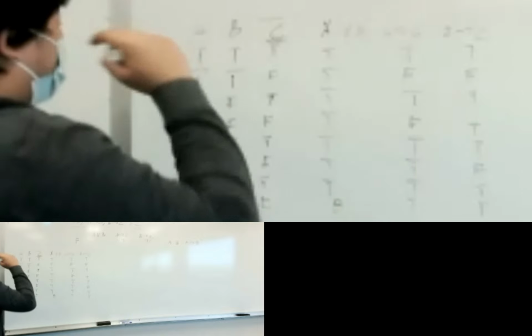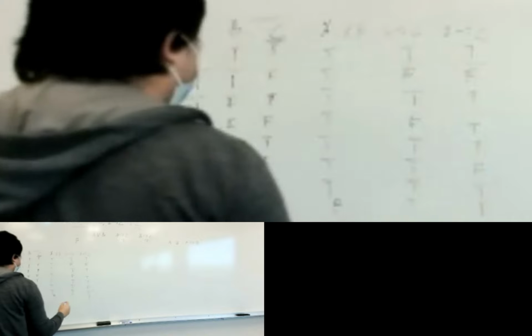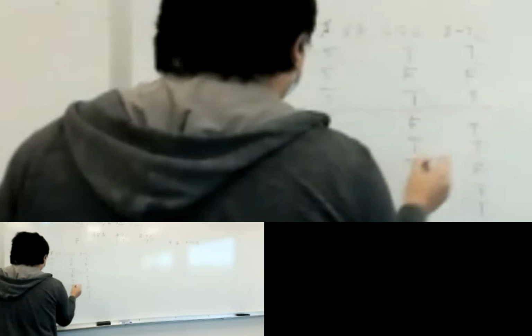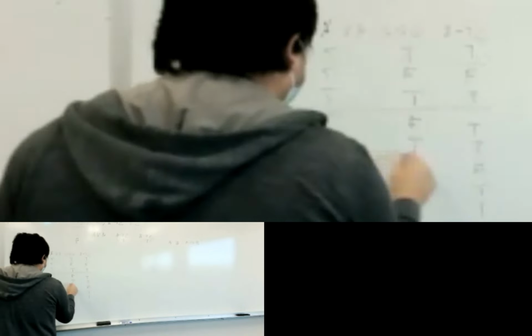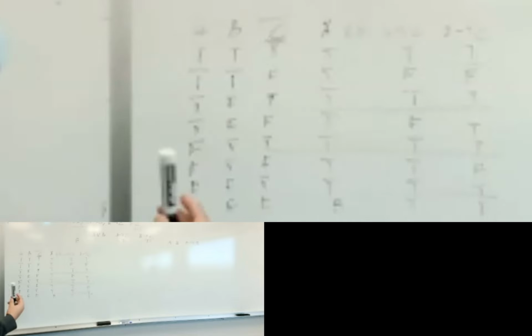Looking at all of our valid cases here, we have this one, then this one, then this one, and then this one. In all four cases where the premises are true, we do not see a case where the conclusion is false. Good. That means the argument is valid.